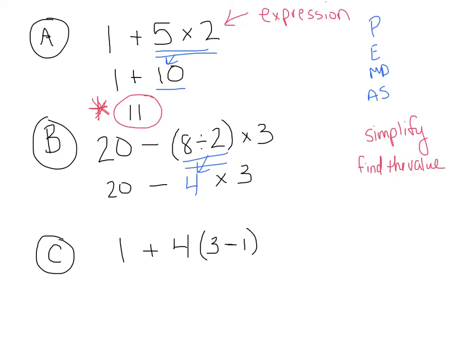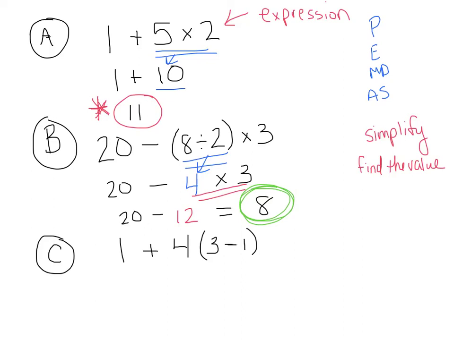No. Do I have multiplication or division? Actually I do, right here, 4 times 3. So I'm going to rewrite everything else, 20 minus, and then the 4 times 3, which is going to be 12. In this case, 20 minus 12 will then equal 8. So I'm going to put a big box or a circle around it just to say 8 is my answer.